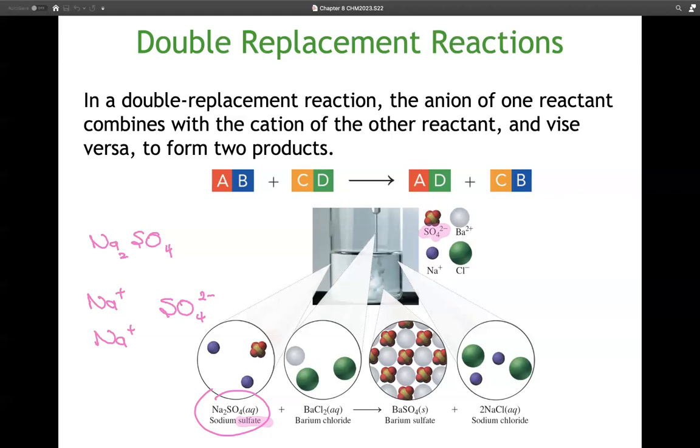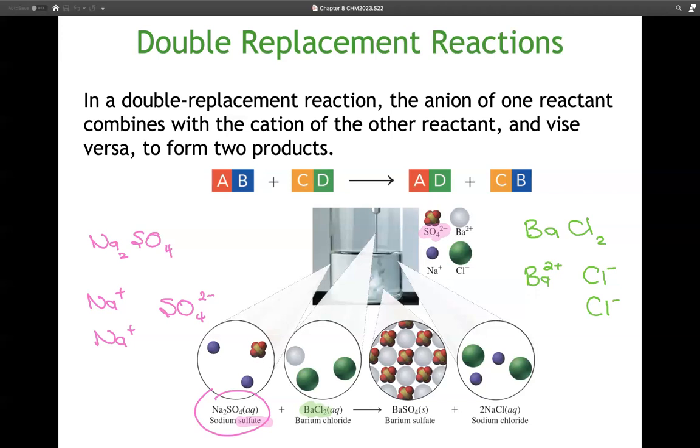And then the other component is barium chloride. Well, barium is in group 2A and carries a +2 charge. We have 2 chlorines, and each chlorine is in group 7A and carries a -1 charge.